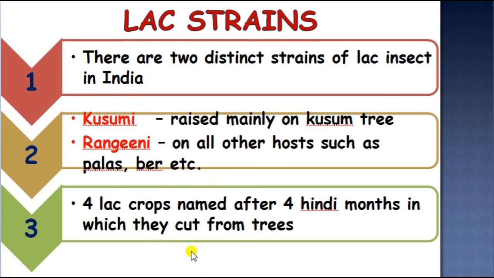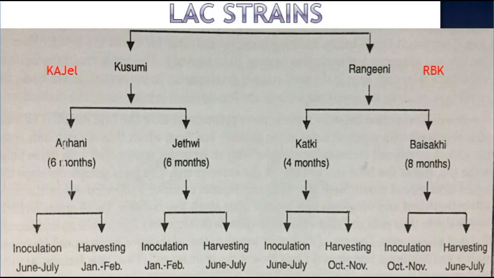In agriculture, we have two major seasons like Kharif and Rabi. In case of lac, there are similar cropping seasons based on four Hindi months in which the lac is harvested. Each of Kusmi and Rangini has two seasons per year.